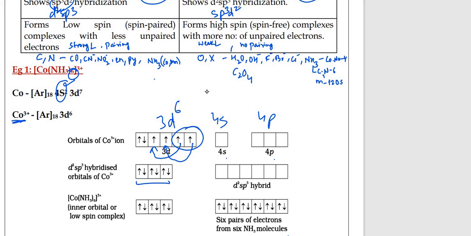So we have 2 empty d orbitals, plus the 4s, plus three 4p, giving 6 empty orbitals. They hybridize to make 6 empty orbitals, and the hybridization is d2sp3. Why did we write d2 first? Because the d is of the third shell and is used up, while the s and p are of the fourth shell.